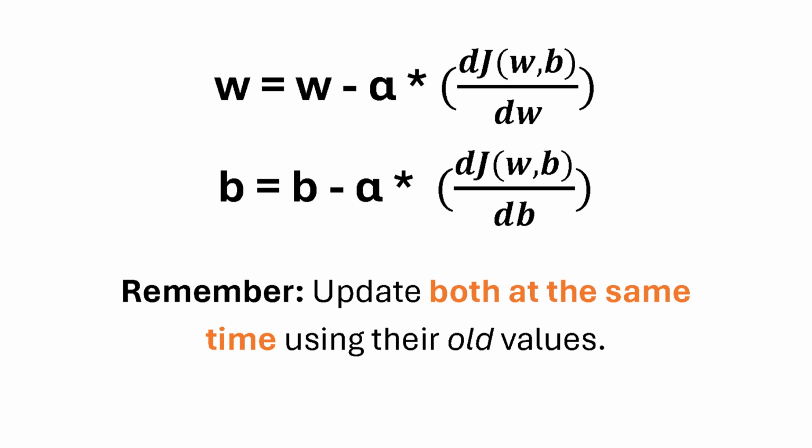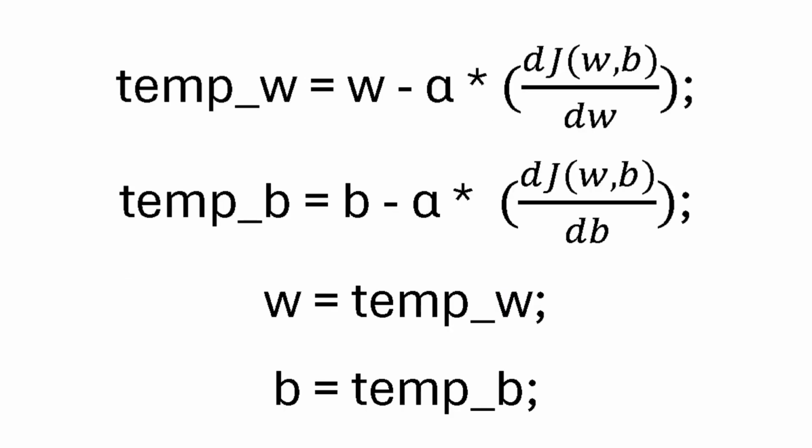If you update W first and then use the new W to update B, things get really weird and the algorithm stops behaving like true gradient descent. So our code will look like this. Both changes happen together, like two or many friends in larger models taking steps in sync.